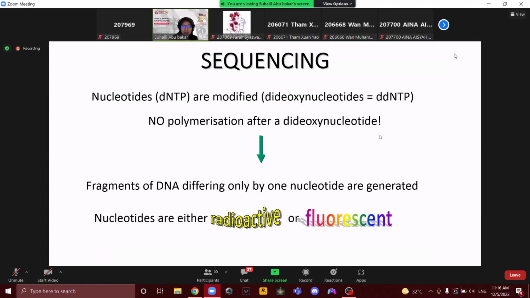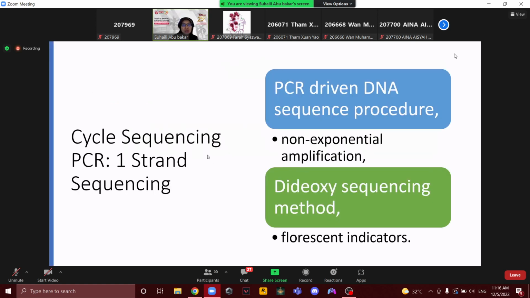Different nucleotide, different fluorescent color. Radioactive was used in the old days. Radioactive is also carcinogenic, harmful. So scientists can now replace it with fluorescent labels. So this is sequencing, cycle sequencing PCR.